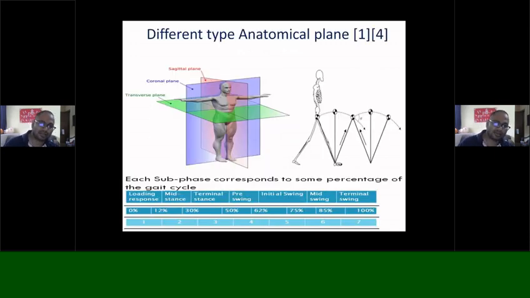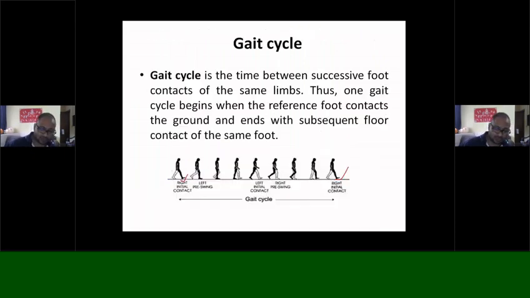Okay, there are three planes I already told you: sagittal plane, frontal plane, and transverse plane. The sagittal plane, when we are seeing from the side direction, divides into left and right halves. The transverse plane, when we are seeing from the top, divides into lower and upper, and the frontal or coronal plane, when we are seeing from the front. The gait cycle I divided into 8 phases.